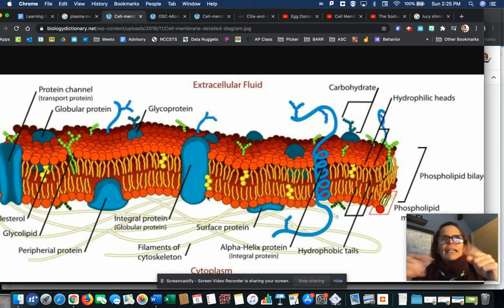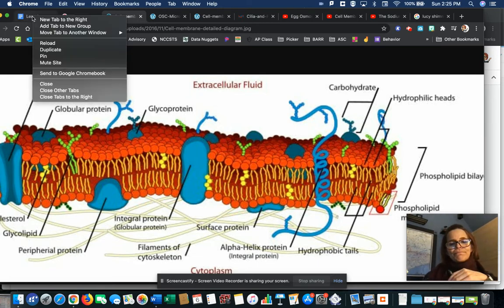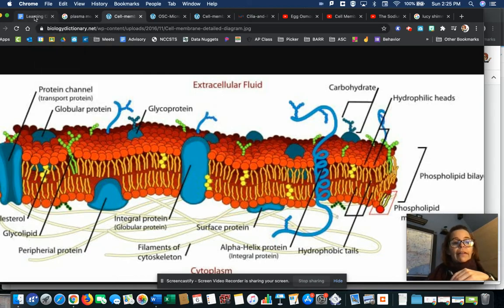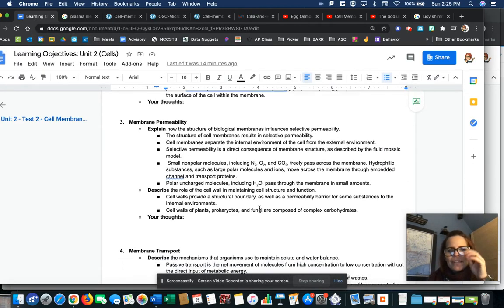One thing we may or may not talk about in just a minute is that if this is a channel protein, then the hallway that goes through the middle, the hole that goes all the way through the middle, that's going to be hydrophilic as well. So it'll allow charged or polar molecules through it. But the area that's closest to these hydrophobic tails, that part of the protein is going to be hydrophobic also. All right, whoops, moving on, let's see what else we need to talk about.